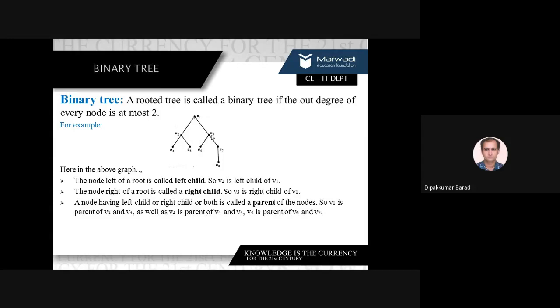In a similar manner, v2 is the parent of v4 and v5, and v3 is the parent of v6 and v7. So v4 is the left child of v2 and v5 is the right child of v2, and v6 is the left child of v3 and v7 is the right child of v3. These are siblings: we can say v4, v5, v6, v7 are all siblings.